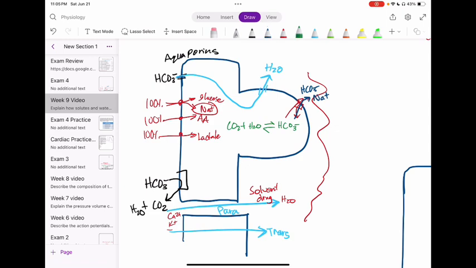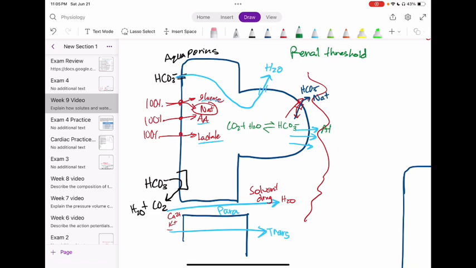And then we have, because all of these are able to flow outside the cell, which glucose is a special situation. It's only allowed to reach a certain point. We call this renal threshold, when it's only allowed to absorb a certain amount.